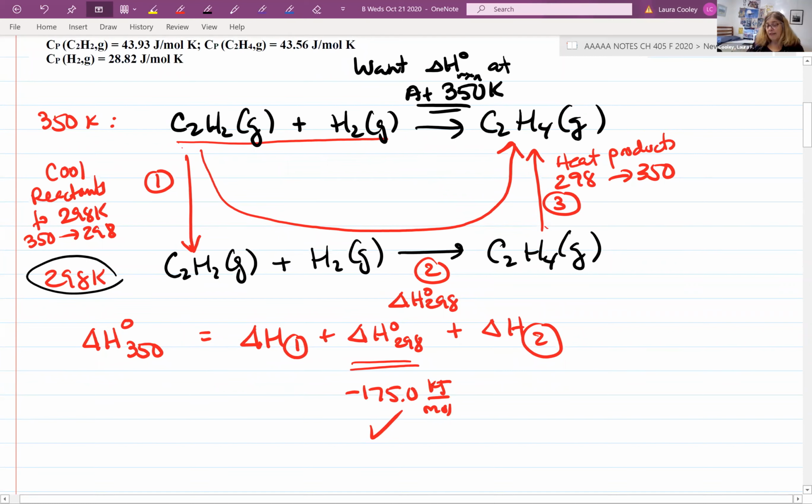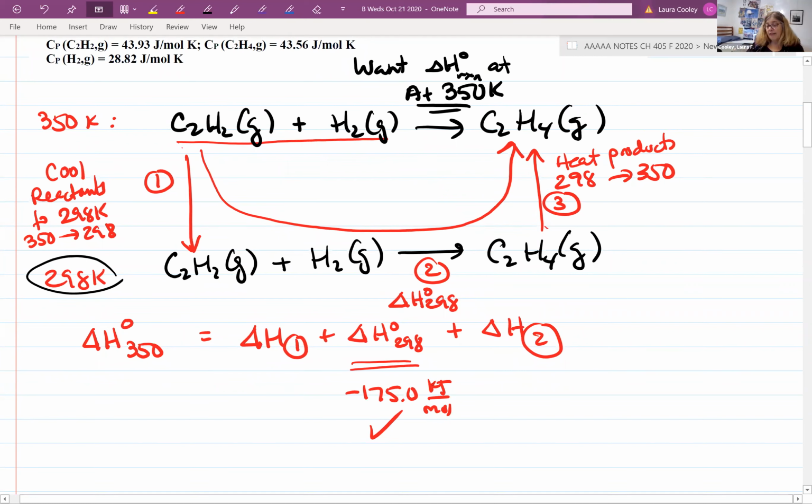And when you add this up, it's negative 2284.4. I kept extra sig figs here. Minus 1498.6. These are all joules.